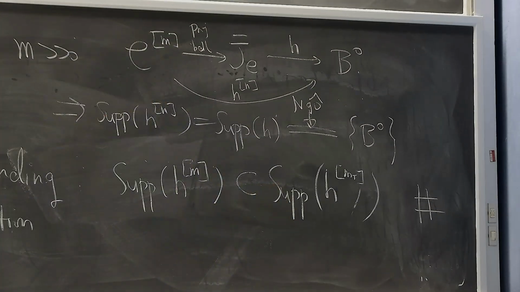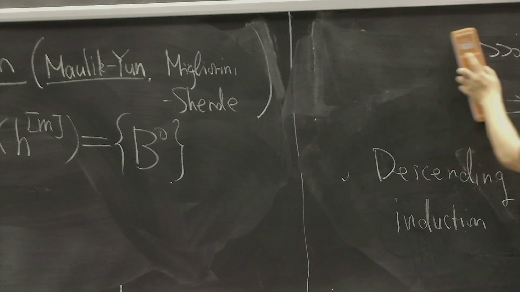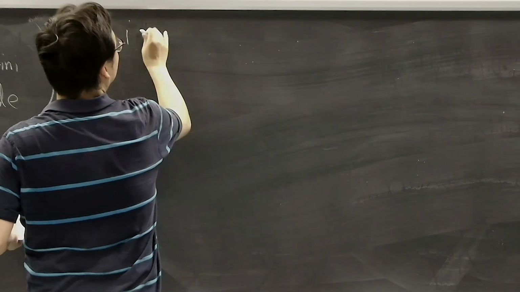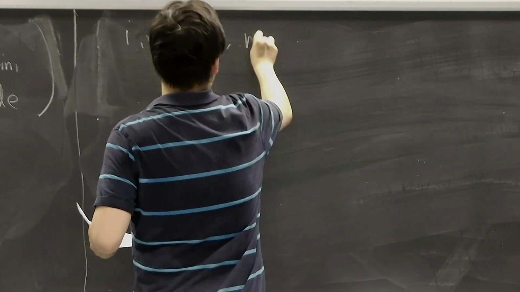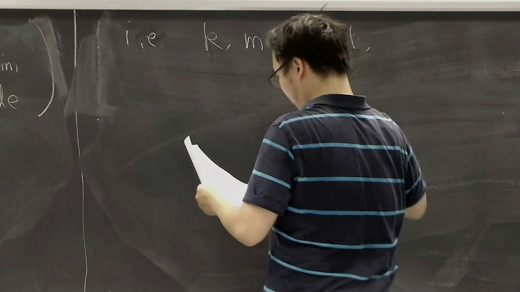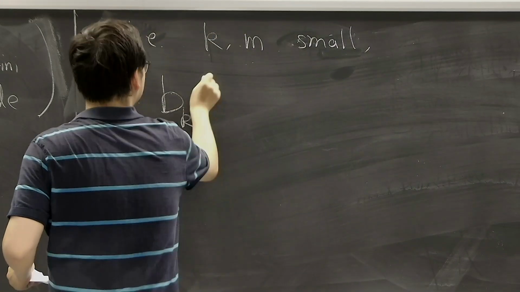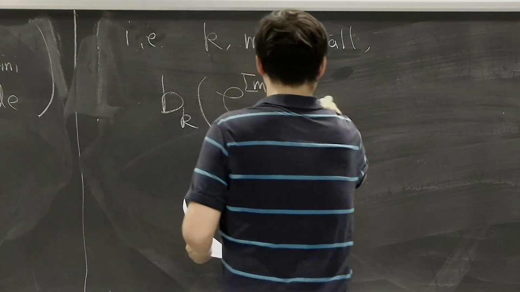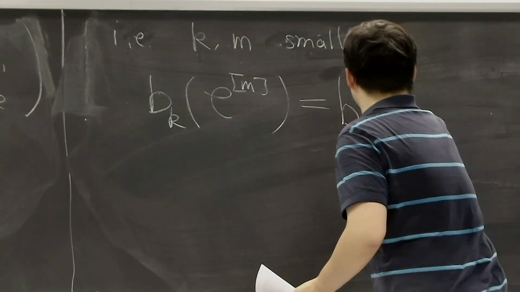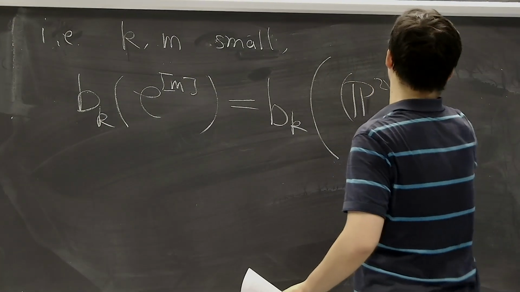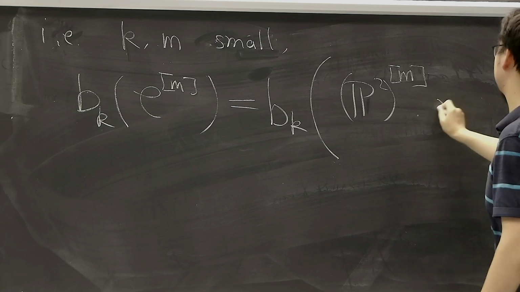Let me first explain the meaning of this. It means that when K and M are small, the kth Betti number of this C_M is actually the same as the kth Betti number of the Hilbert scheme of M points on P^2 times some projective bundle.